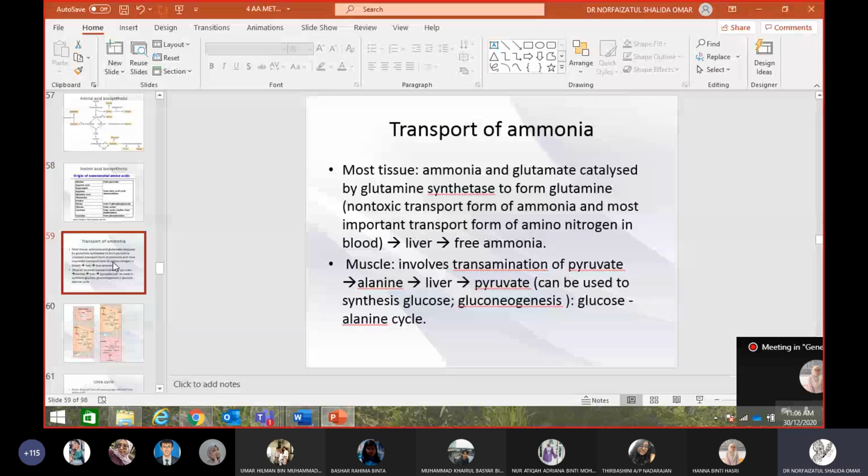Before excretion of ammonia, as I mentioned just now, our body maintains the amino acid pool. All these are utilized or enter the amino acid pool. Unlike glucose, carbohydrate and fatty acid, which can be stored in the form of fats, ammonia and amino acids cannot be stored in our body.